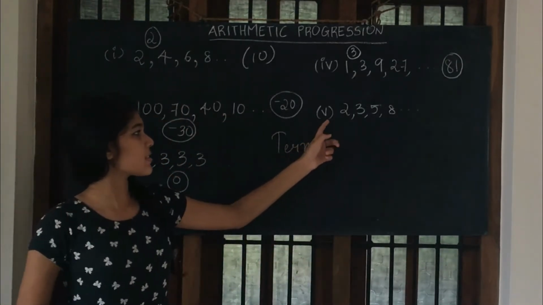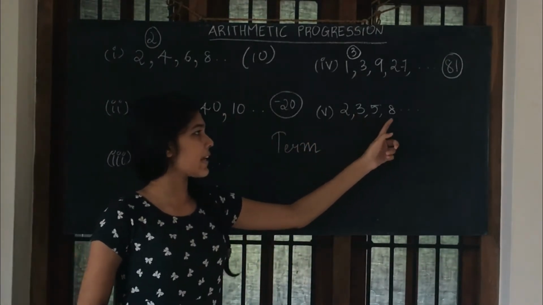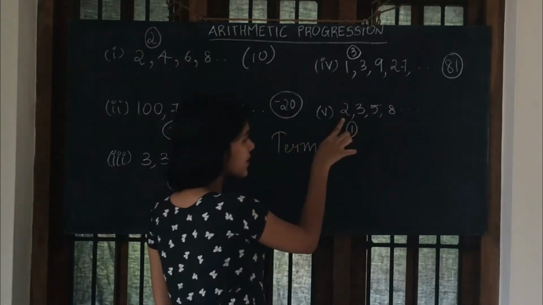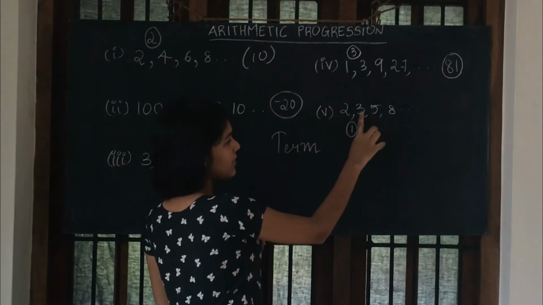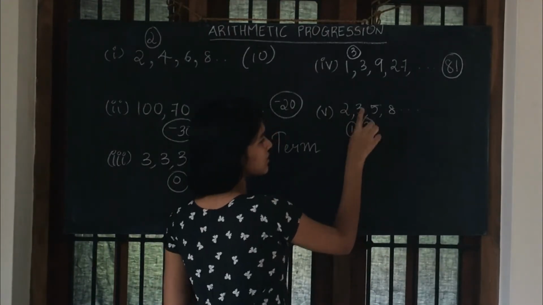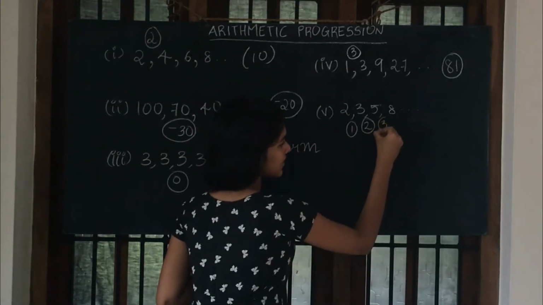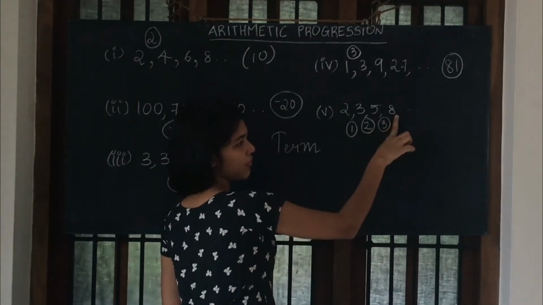Now, the fifth series is 2, 3, 5, 8 and so on. Here, we are adding 1 to the first term to get the next term. Then we are adding 2 to the second term to get the third term, then 3 to the third term to get the fourth term.